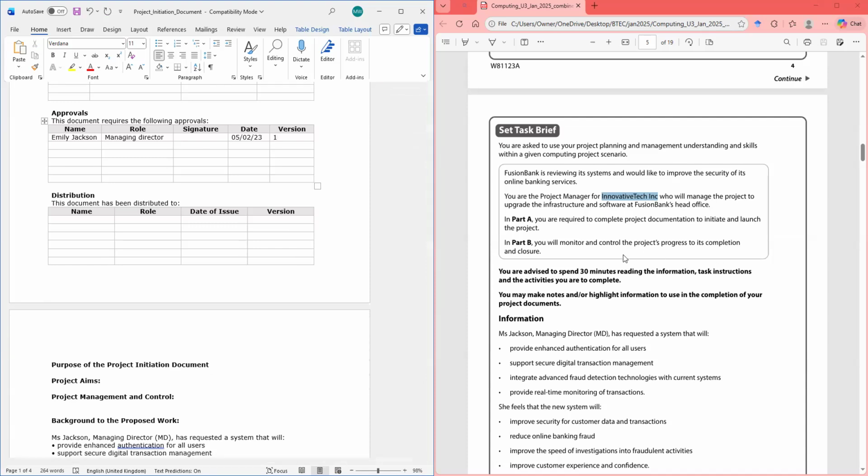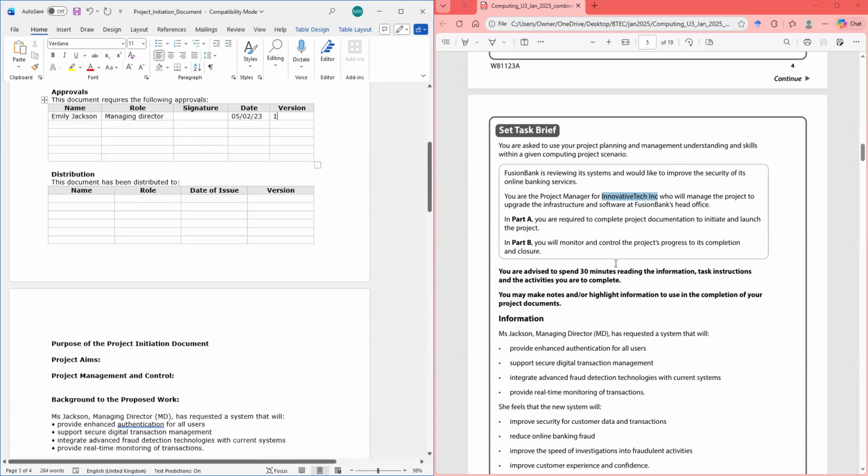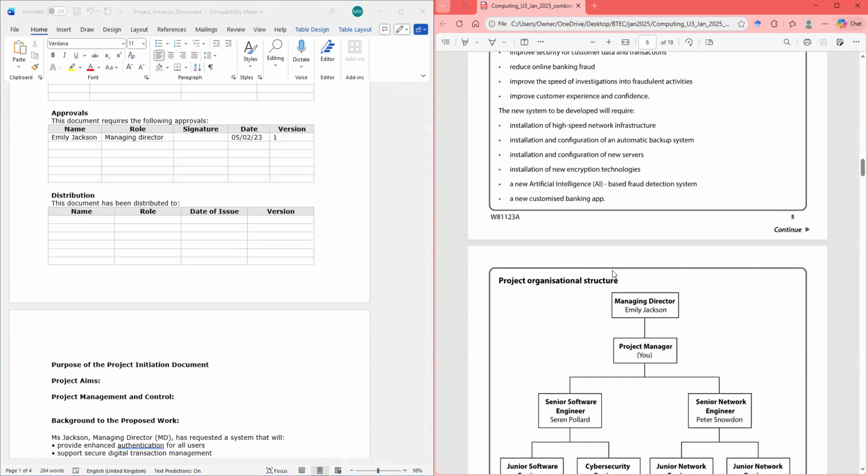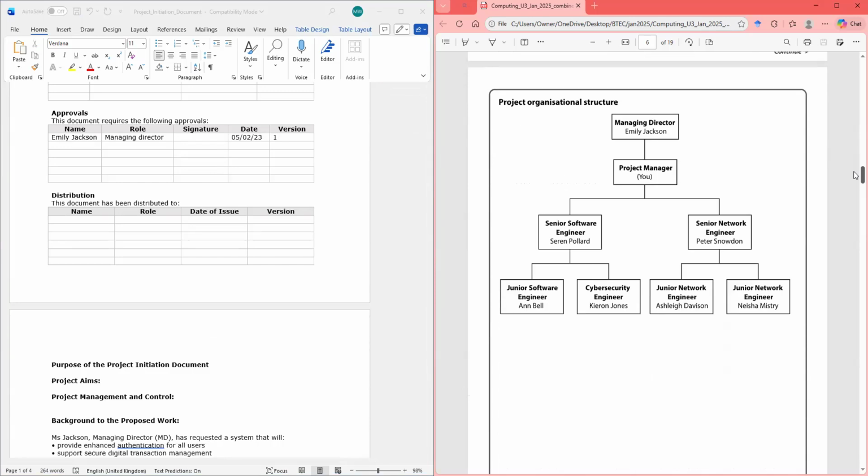Distribution now. That's when you go back to your set task brief and you look at these guys for your distribution. It's going to be distributed to everybody. Everybody needs to see what's on the PID, so it gives them a guide.